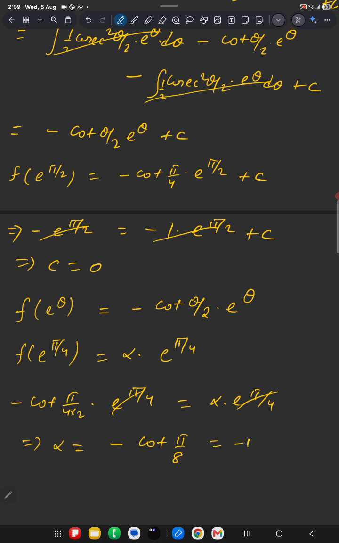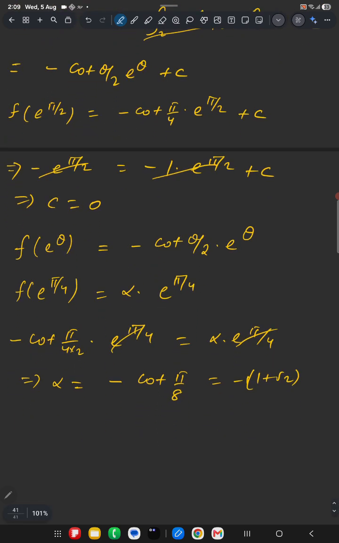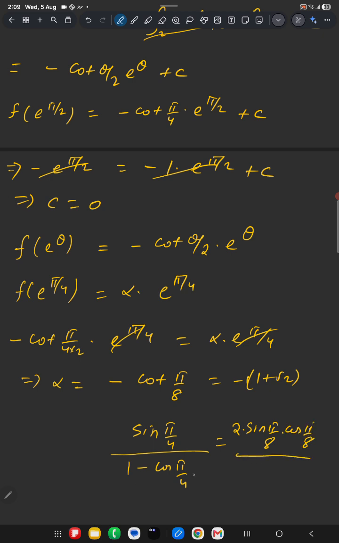And cot pi by 8 is 1 plus root 2. You know how that is happening. If you have sine pi by 4 and 1 minus cos pi by 4, what you can write is 2 into sine pi by 8 into cos pi by 8, from the sine 2 theta expansion, and 1 minus cos pi by 4 is 2 sine square pi by 8.